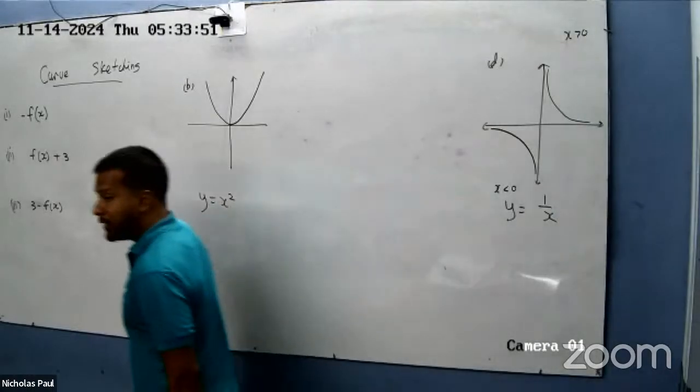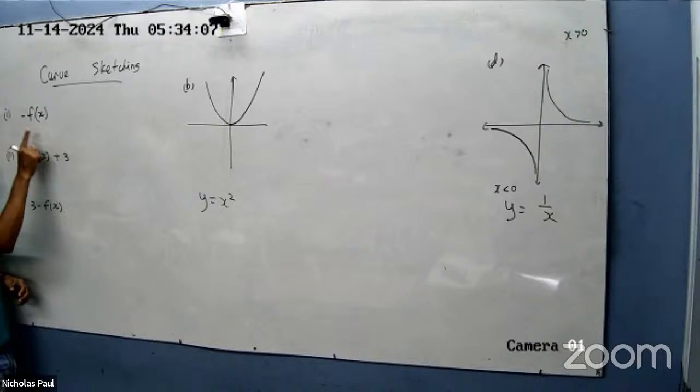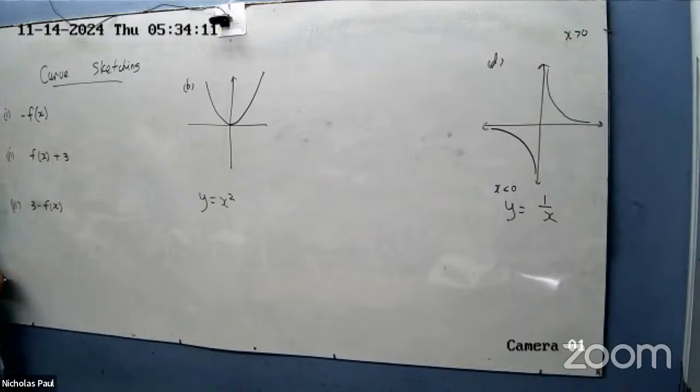All right, so we're going to take B and D, and we're going to do these 3, right? These 3 are kind of popular. So first things first, if I wanted to transform f of x with a minus in front of it, what do I do based on transformations?